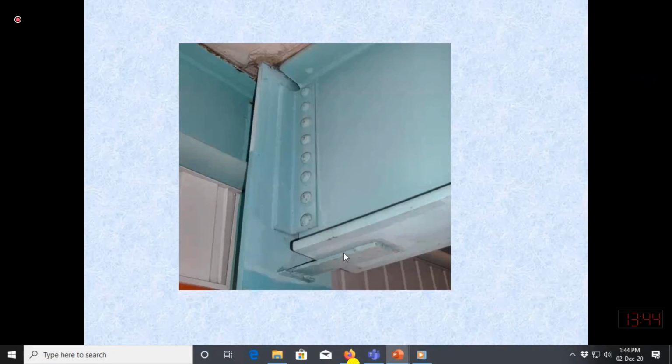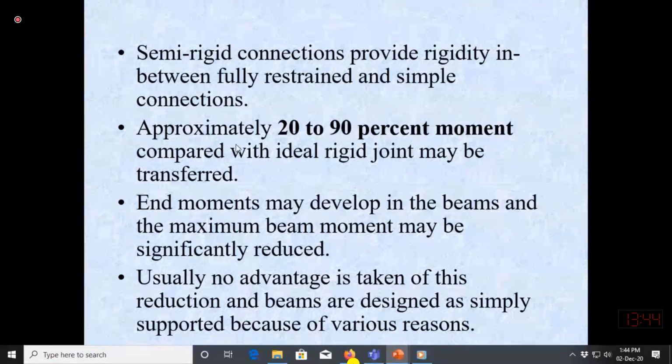It means that plate is not capable of transferring all the moment from this flange to the other flange. So maybe they are transferring only some portion of the moment. So this is a partial restraint. Approximately they transfer the moment from 20 to 90%.